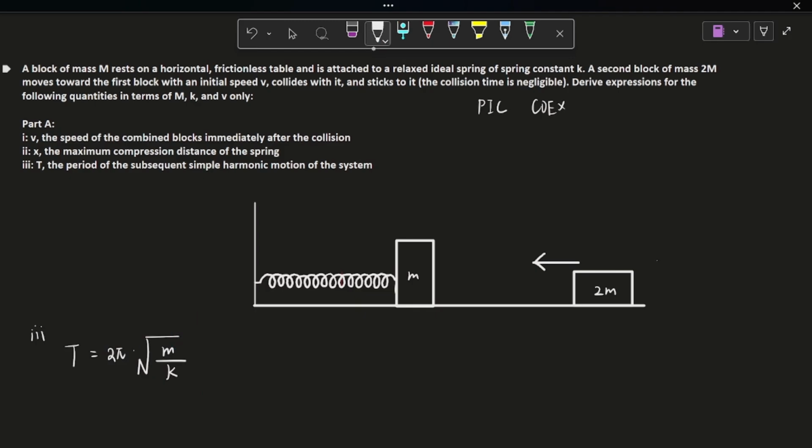But it's still very easy though, because since these two blocks are stuck together and do the simple harmonic motion, the mass will simply be the total or combined mass of the two objects, so the m in the formula will be equal to 3m. So the period will easily be solved, which is 2 pi times square root of 3m over k.